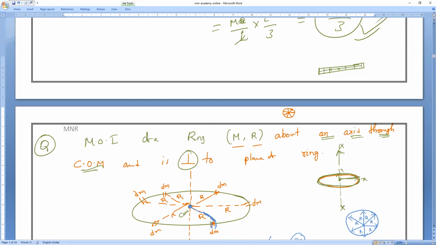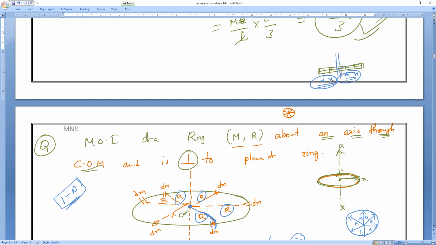So, the moment of inertia of a ring. The ring is also considered one dimensional. But what is the difference between the rod and the ring? In the rod, x does not remain constant, but here r remains constant. In a rod, the x distance on this side and that side are not equal from the center of mass.